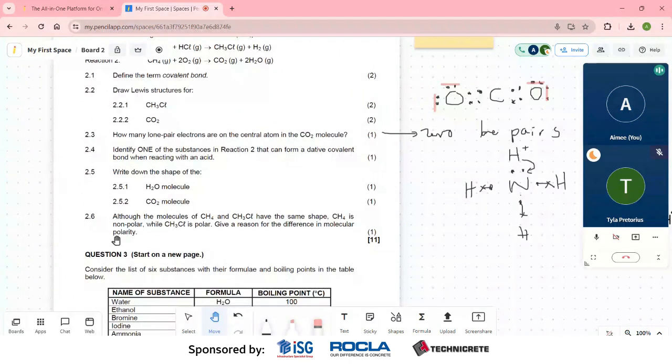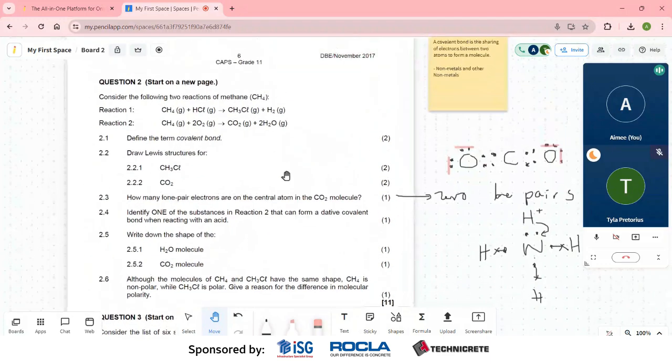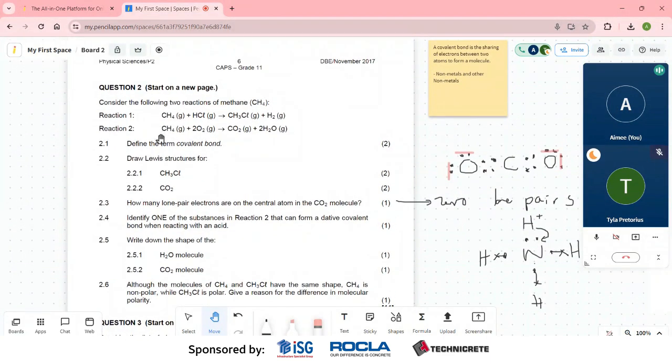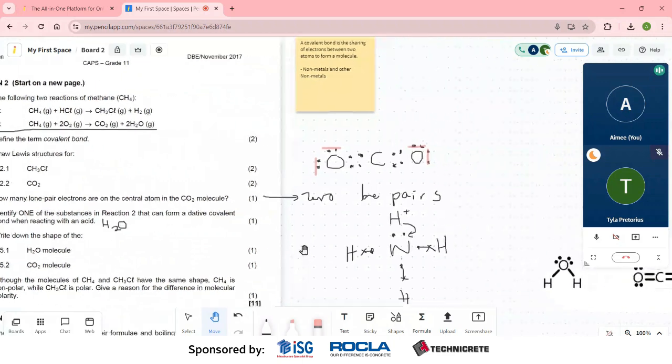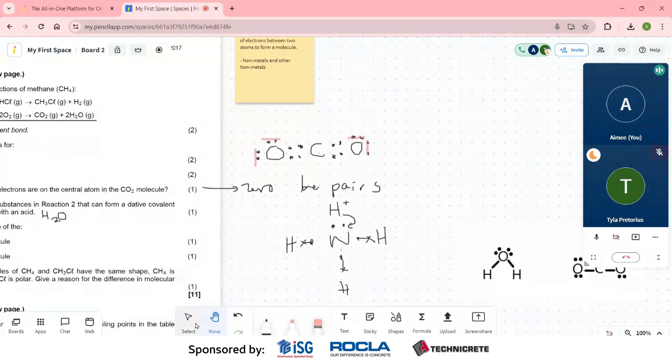One of the molecules that is capable of forming a dative covalent bond, specifically in this group of molecules that they're asking you to choose from here, is H2O. Sorry, my mistake. They were saying just from reaction 2. So just from reaction 2. And I'll show you why water is capable of forming a dative covalent bond.